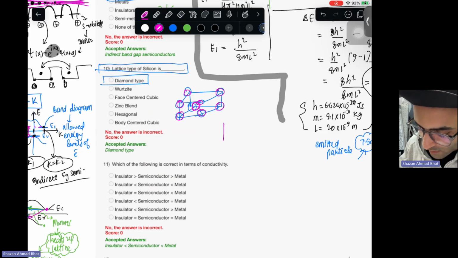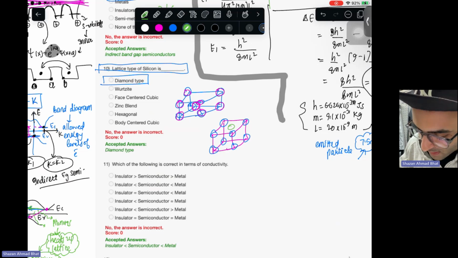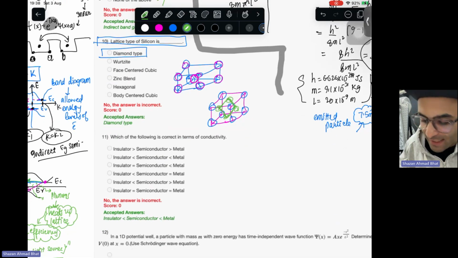Similarly, in some other structure, there are atoms present on the corners of the cube, and then atoms present inside, maybe like a diamond or like a rhombus.